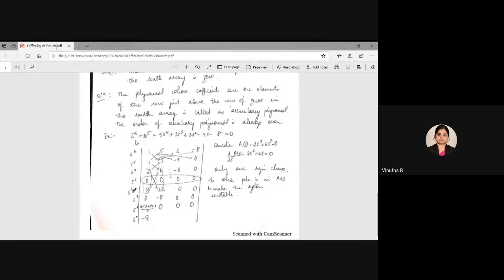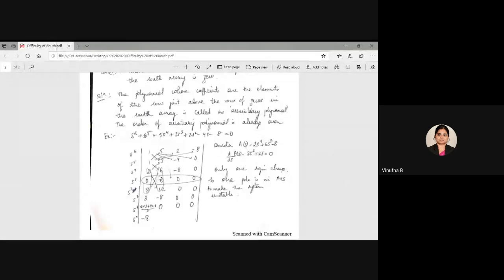In GATE problems, they will give you a characteristic equation and four options, whether it is stable, unstable, marginally stable or whatever it is. Whenever we get such a solution where all the elements are 0, usually we will get the roots or poles on the imaginary axis.